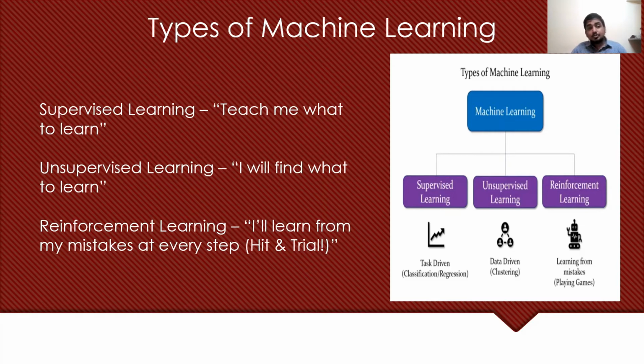In supervised learning, we have to teach the machine what to learn from the data. In unsupervised learning, we don't have to teach the machine anything, it finds the patterns itself. In reinforcement learning, we don't need to teach anything to the machine. The machine teaches itself or learns from its mistakes, as we can see.